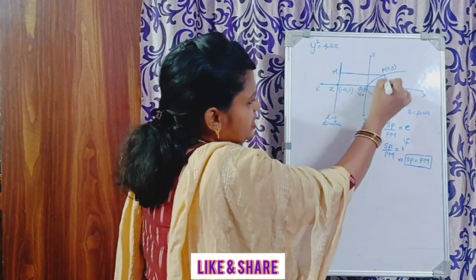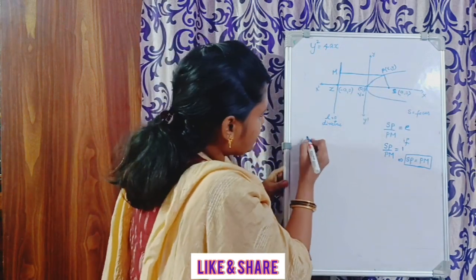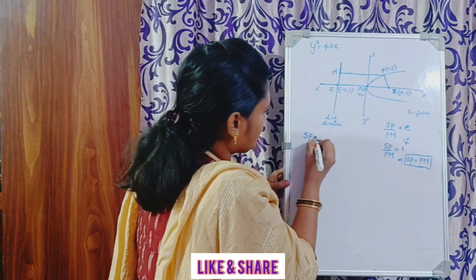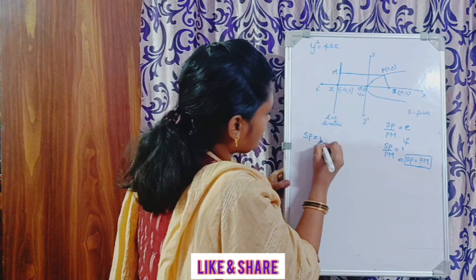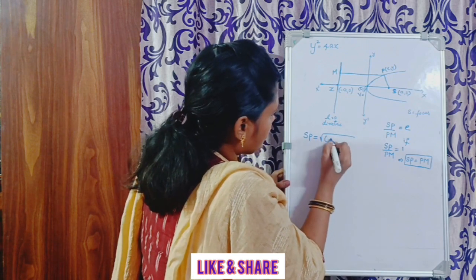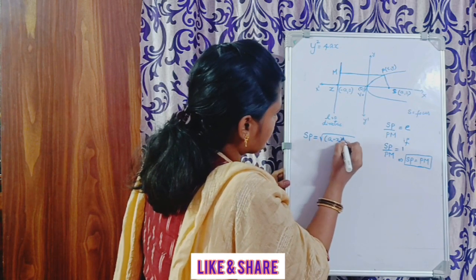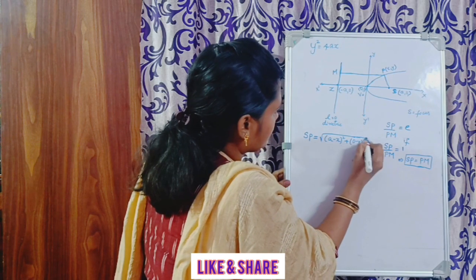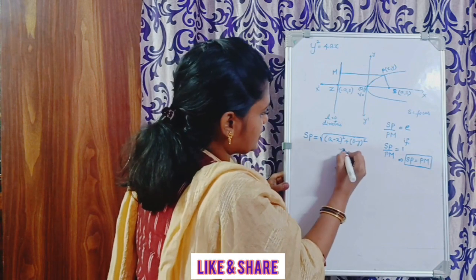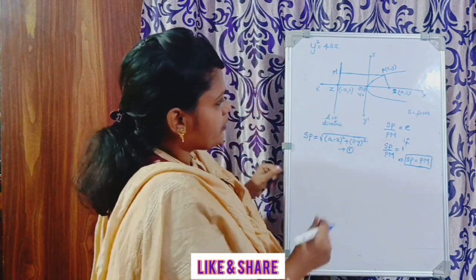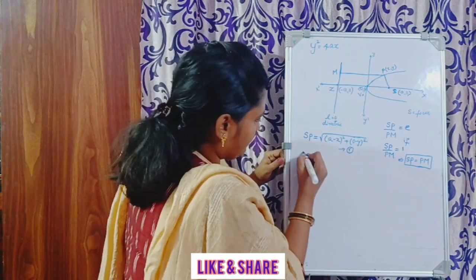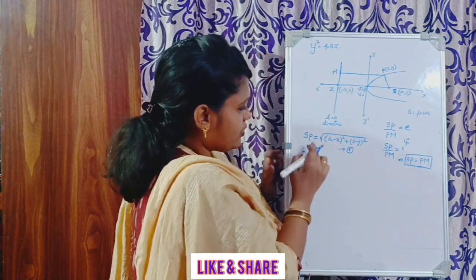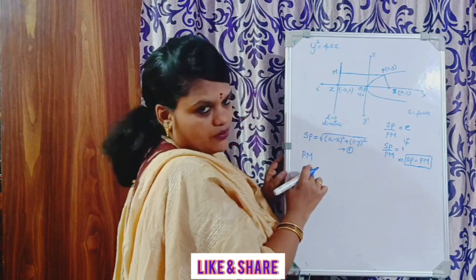Now from this diagram we notice SP is equal to square root of (x2 minus x1) whole square plus (y2 minus y1) whole square, right? Consider this as equation 1. We also want PM, right? In order to derive the equation of a parabola, we need SP and we need PM also.